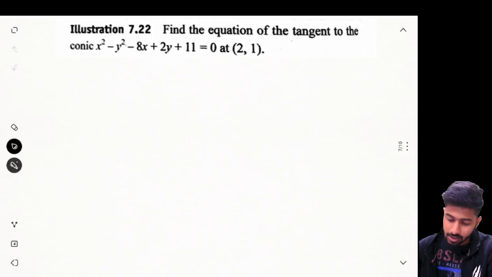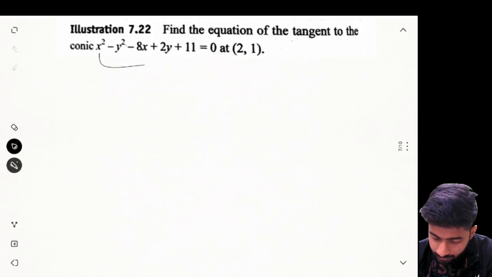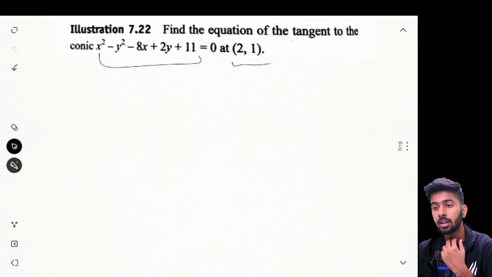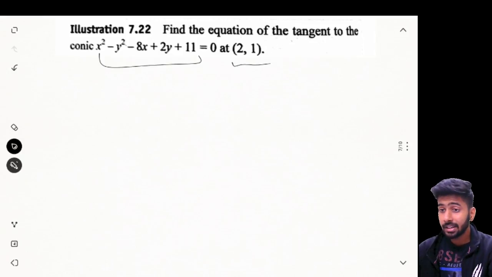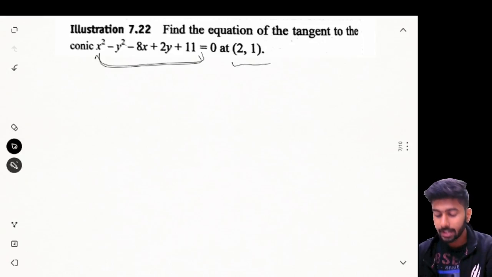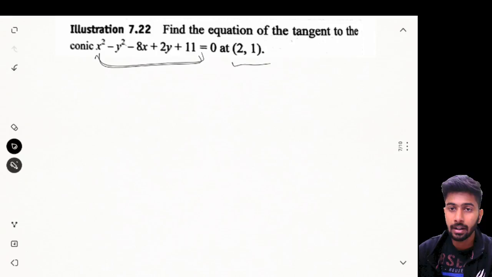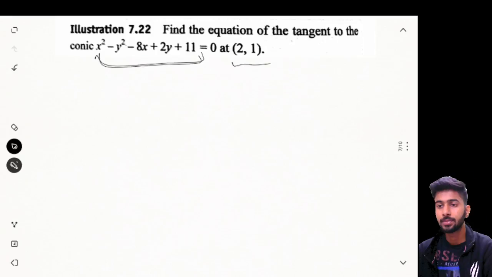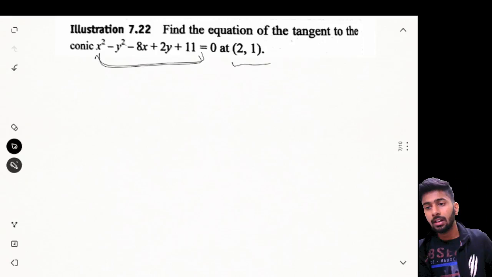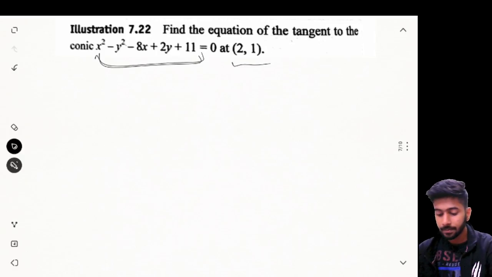I need to find the equation of the tangent to this conic at this point. Now frankly speaking, verifying whether this conic is a hyperbola or a parabola or an ellipse is something for which you'll have to memorize a few conditions. I wouldn't even actually ask you to memorize those conditions for such questions, or specifically for this question, because it's pretty simple.